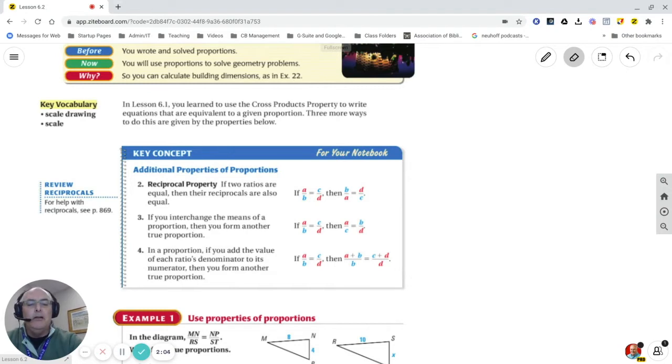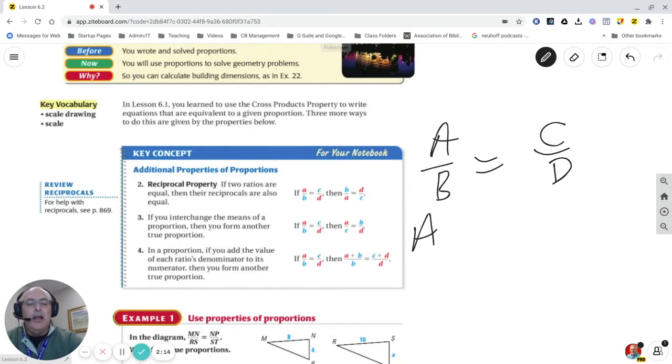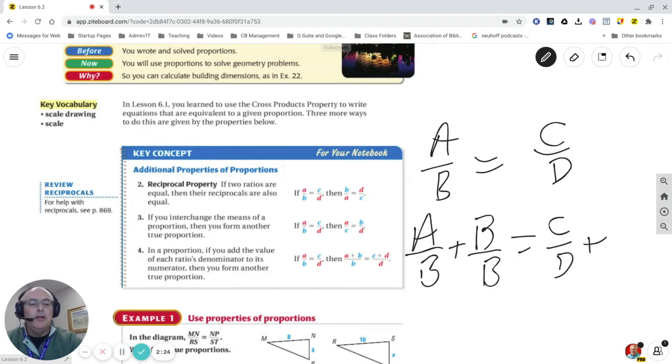Remember, if I have an equation which says A over B equals C over D, I can basically say A over B plus B over B, which is 1, equals C over D plus D over D, which is 1.